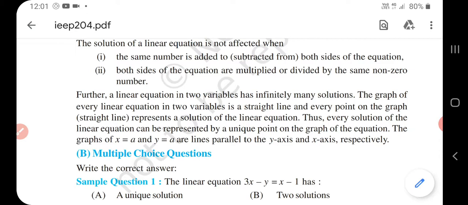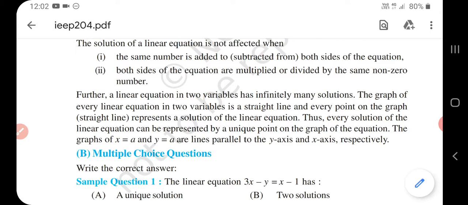The value of the variable which satisfies the given equation in x is called the solution or root of the equation. A linear equation in one variable has a unique solution, which means if the equation has one variable, it will have only one solution. But a linear equation in two variables has infinitely many solutions.